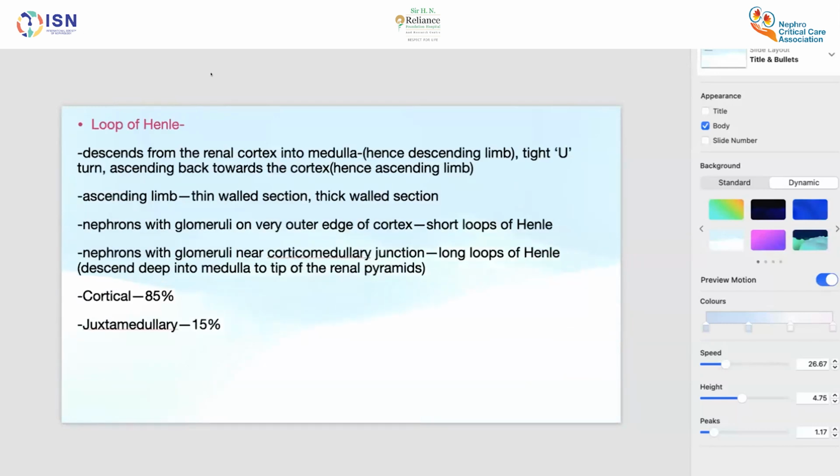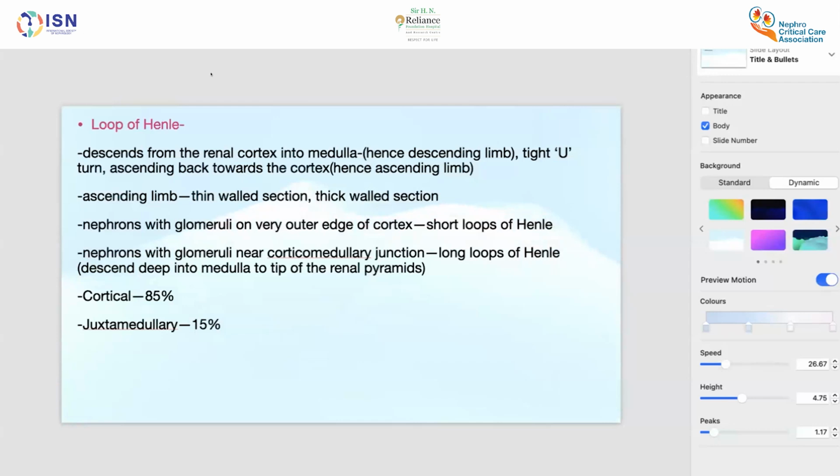The loop of Henle descends from the renal cortex into the medulla, hence the descending limb, then takes a tight U-turn and ascends back towards the cortex, hence the ascending limb. The ascending limb has a thin wall section and a thick wall section.